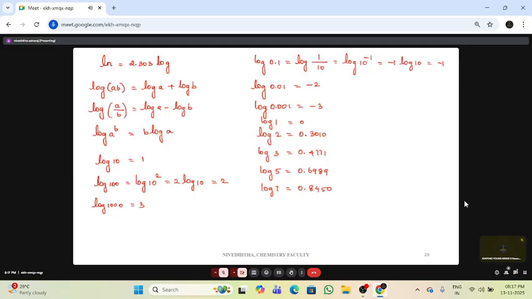Now I'll give you a problem. Can you please calculate log 45? So first split this 45. How can we split 45? We can have it as log 9 into 5. Yes, Kana? So 9 into 5 is 45, right?